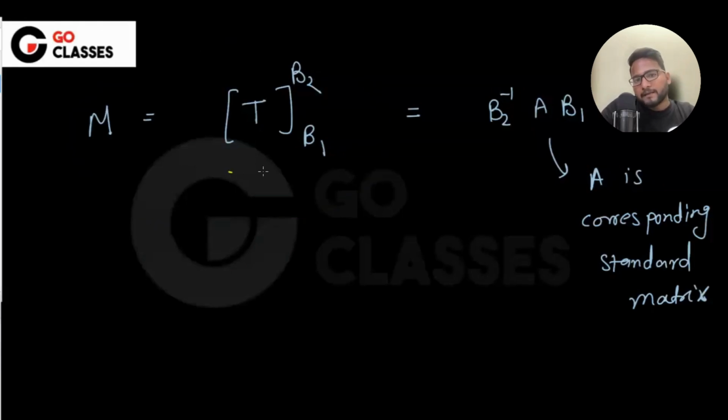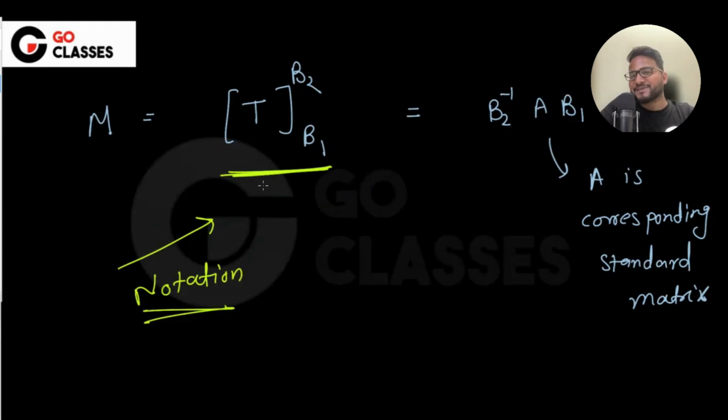So tell me, is this a matrix or a vector? It is a matrix actually. Okay, it is a matrix which takes from B1, transforms, and gives to B2. It is just a notation. Now tell me, is this a matrix or vector?